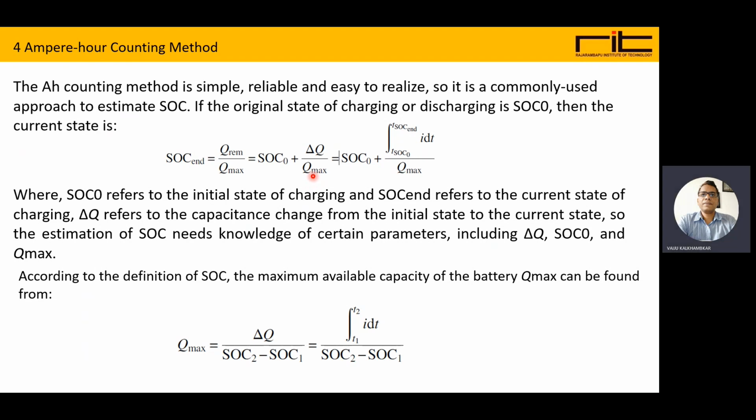According to the definition of SOC, the maximum available capacity of the battery, Q max, can also be calculated as Q max is equal to delta Q divided by SOC 2 minus the earlier SOC 1, and that is equal to the integration of I dt over T1 to T2 divided by the SOC difference.